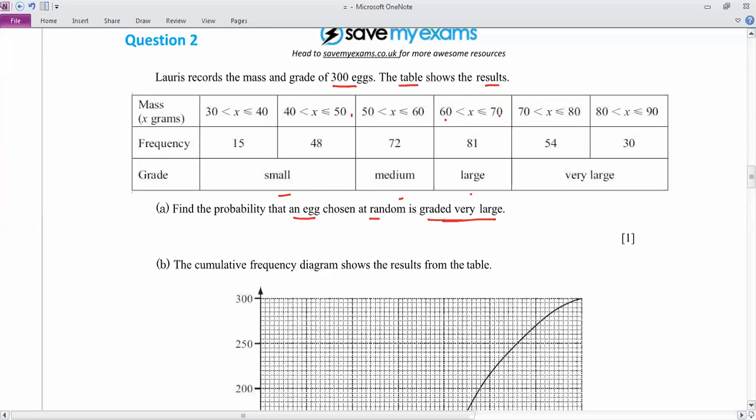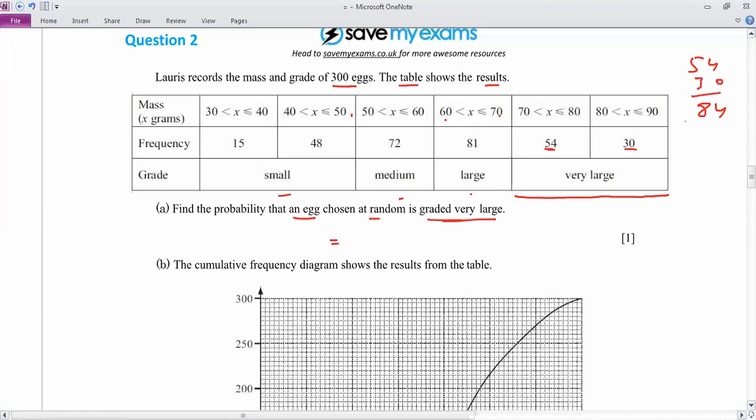Now probability, most of you studied already. I did the probability, but again, if you forget, what is the very large group? This is the very large group, yes. In the very large group, what is the total? What is the frequency? 54 plus 30, yes, 84. So how do we take the probability?